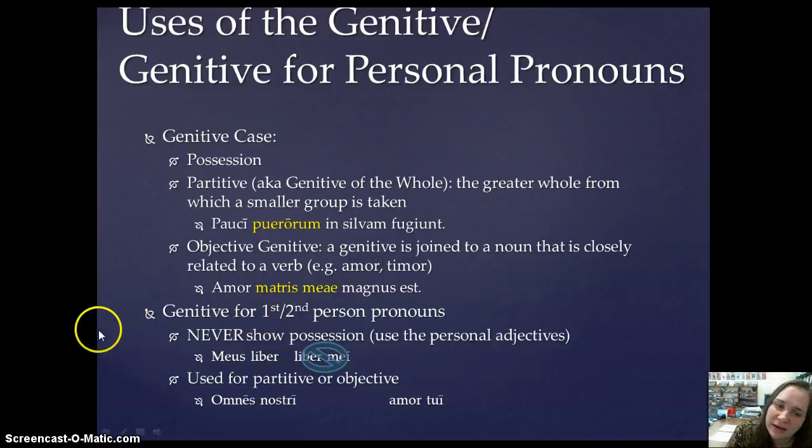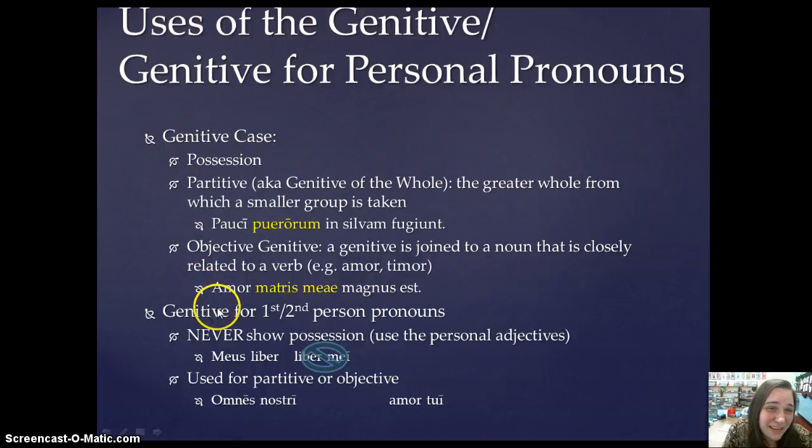Or if you want to think about it a different way, who's receiving the love? My mother. So the love for my mother is great. Okay, so those are the three uses you now know of the genitive case: possession, partitive, and objective genitives.